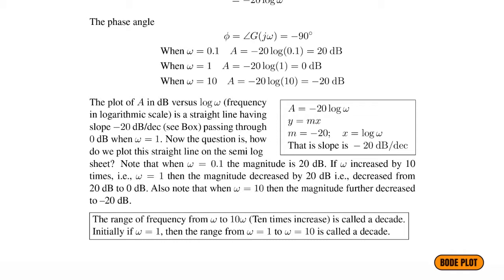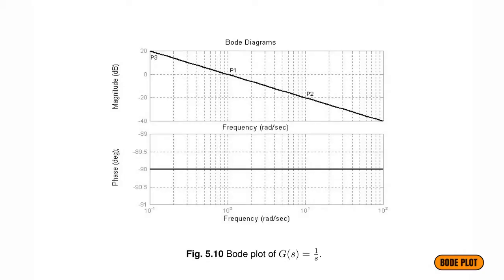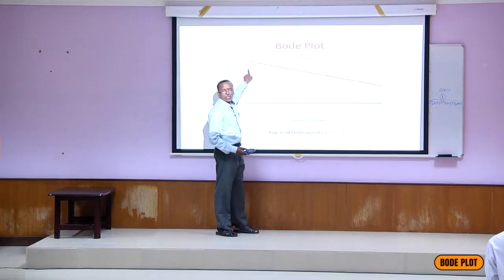So from that we can draw the plot. Because we have so many x values and the corresponding magnitudes, we can draw it, and the phase is always minus 90. So this is the plot. When omega equals 1, that is 10 power 0, the magnitude is 0.